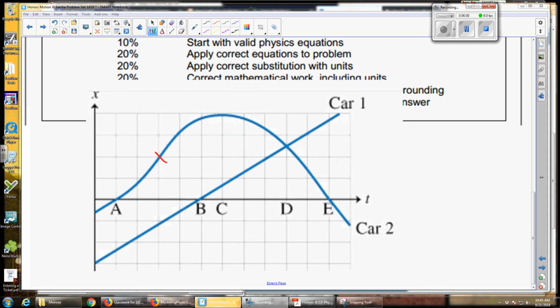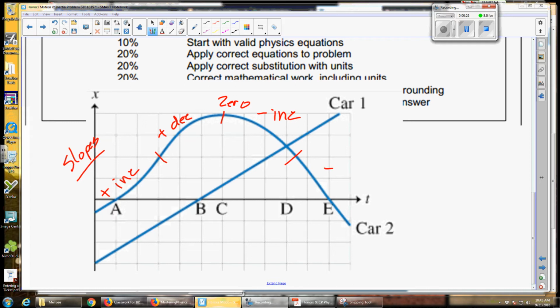This is a positive increasing slope. So these are the slopes that I'm talking about here. Here, this is positive but decreasing. Here it's 0. Here to here, it's negative and increasing.